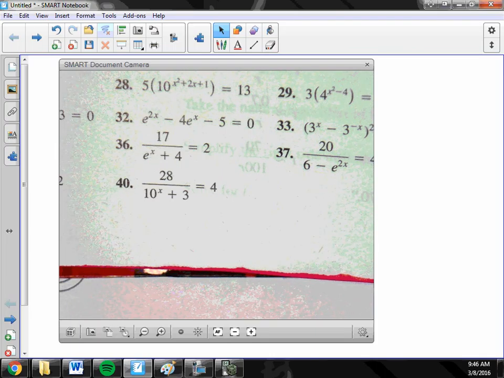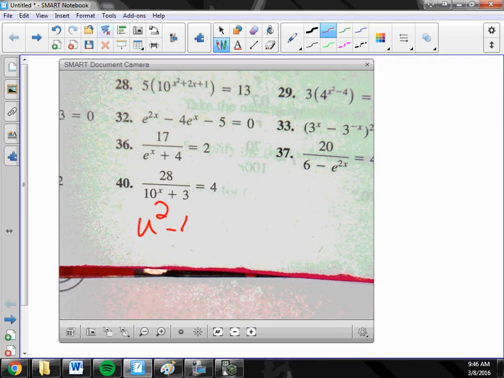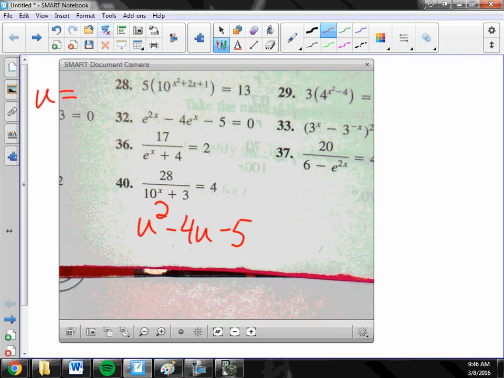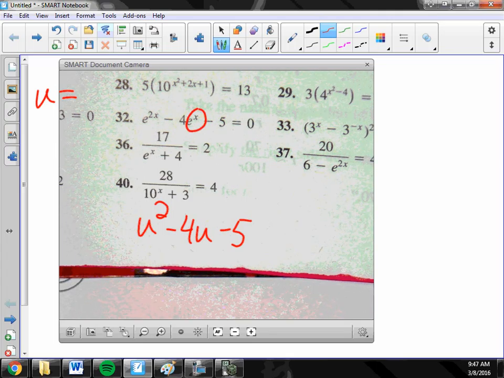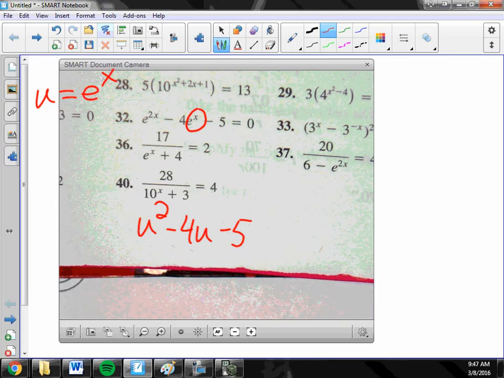So I want this to say u squared minus 4u minus 5. And in order for that to work, u has to be equal to what value? It's always the variable portion of the middle term. So u would equal e to the x.